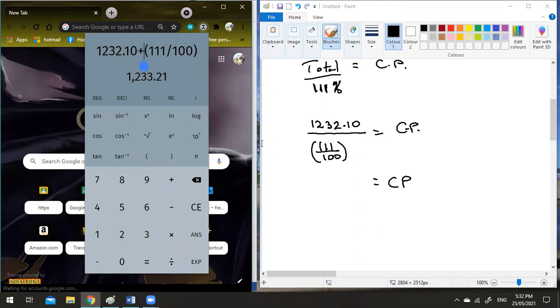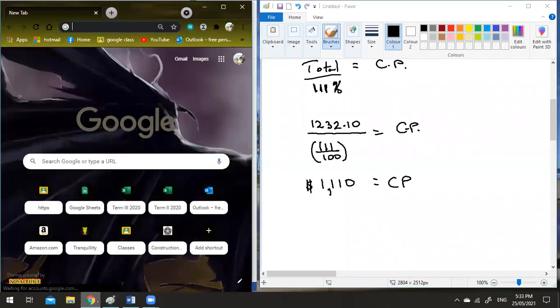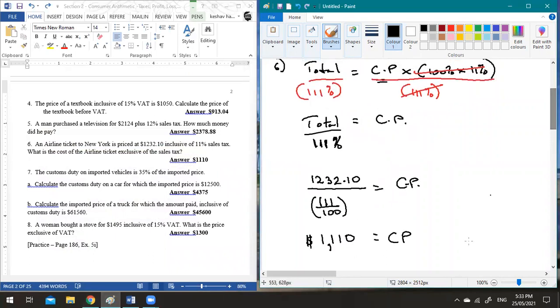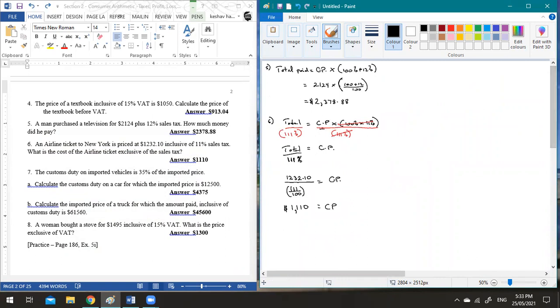I made a mistake in the formula, so you multiply. So it's divided by, sorry. So 111. So $1,110 would have been the cost price of the airline ticket. So go ahead, take that down.